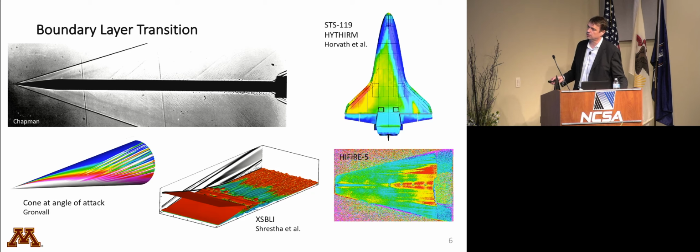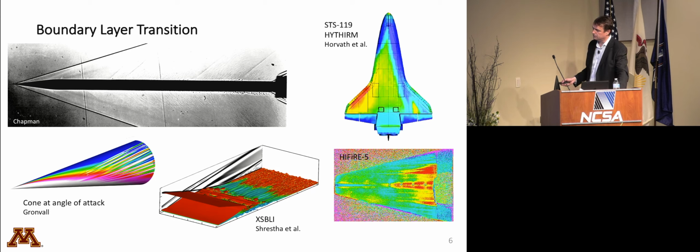Here's another nice cone at angle of attack that shows a different form of transition, so-called cross-flow transition. Here's a laminar boundary layer being hit by a shock wave, and that obviously causes separation and transition to turbulence, and turbulent flow downstream.